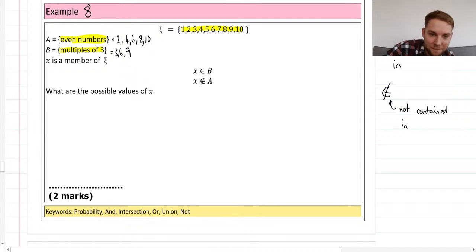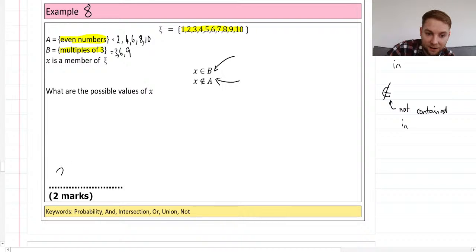Now it says that X is a member of the set of everything. And it says that X is contained in B, but it's not contained within A. So it's basically saying that X is contained in B, which means the possible values are going to be those multiples of 3 that are also in our set of everything, because it's contained in B, but it's not contained in A. Now, this isn't hard.